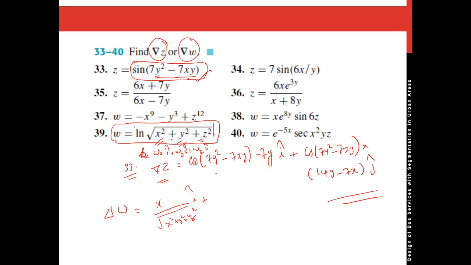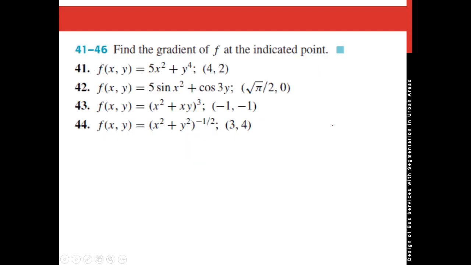First you differentiate with respect to x, and then differentiate with respect to y. You will get y by root of x square plus y square plus z square j plus z by root of x square plus y square plus z square k. Now you do this problem. Okay, so similarly you do the other problems.